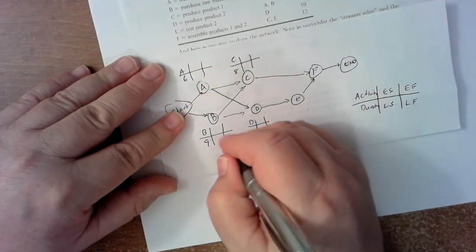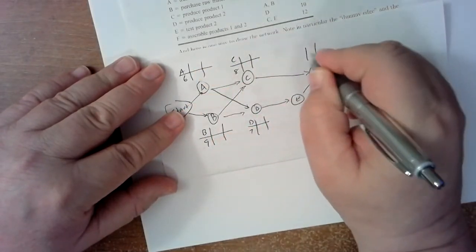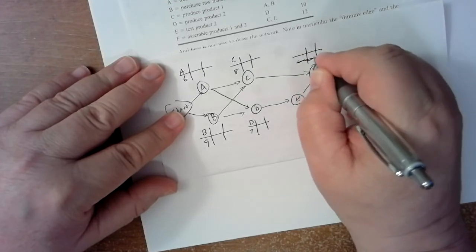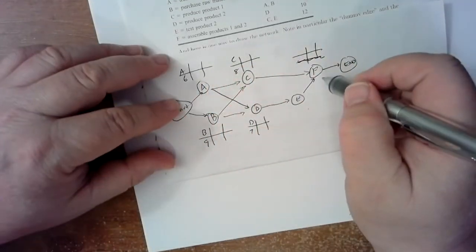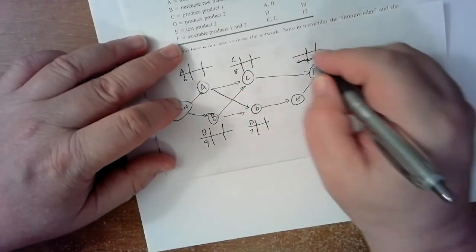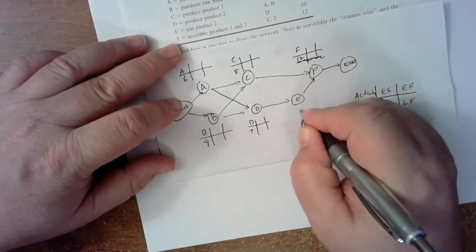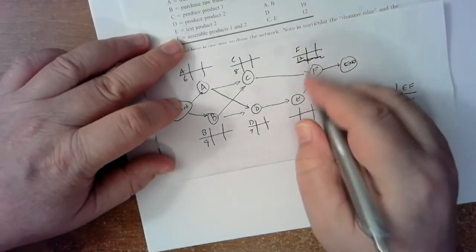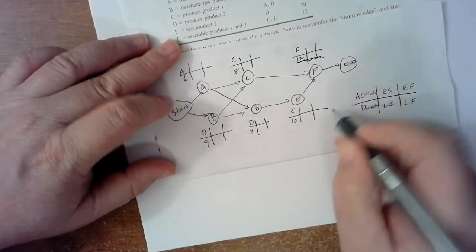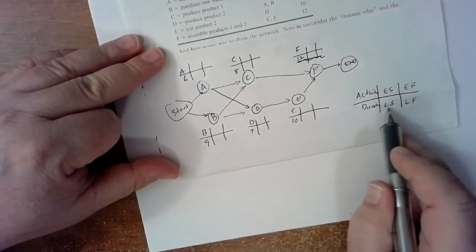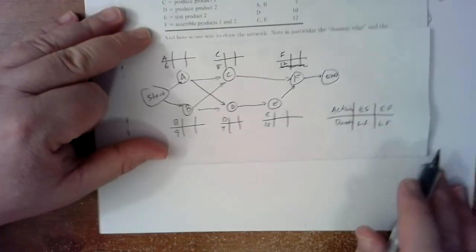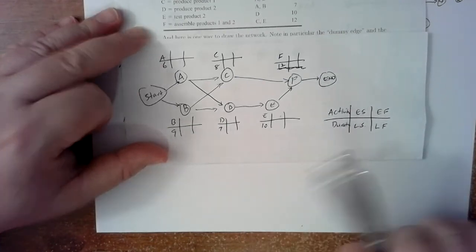D goes with 7. F, whoops, I put an extra one there. Oh, I'm in too big of a hurry. F has 12. And then E, I'm just about done. E has 10. Okay. We'll come back and we'll try to finish this by defining and computing these 4 numbers. See you then.